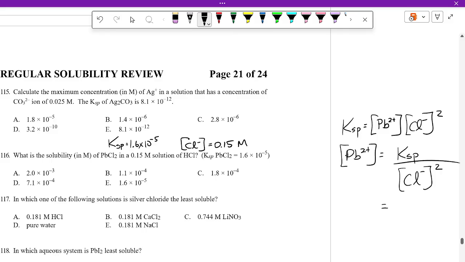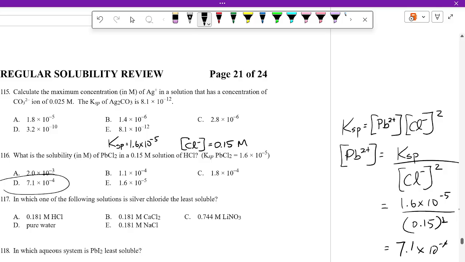And so KSP is 1.6 times 10 to the negative 5 over 0.15 squared. 1.6 E negative 5 divided by 0.15 squared equals 7.1 times 10 to the negative 4.